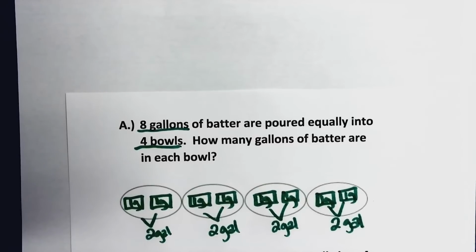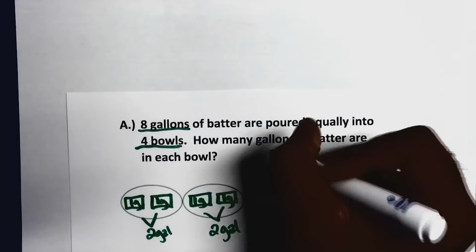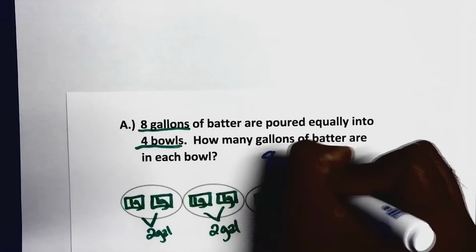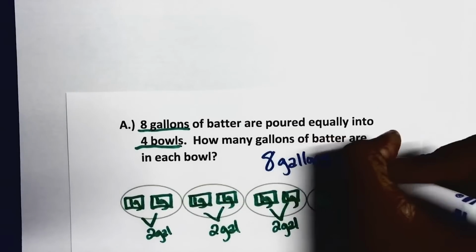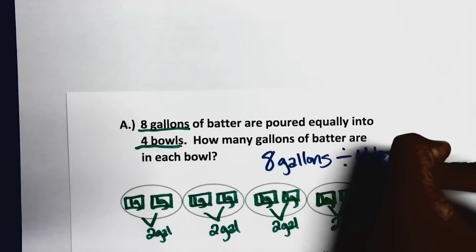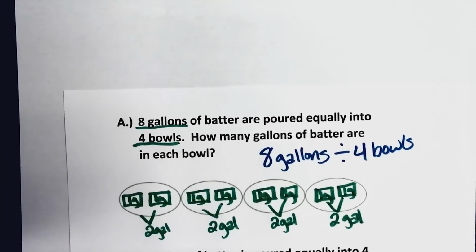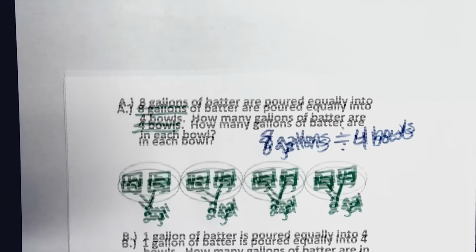So what is our division sentence for this? Correct. Our division sentence should be 8 gallons divided into 4 bowls. All right, let's look at the next one.